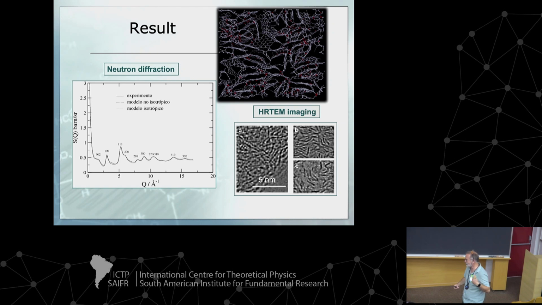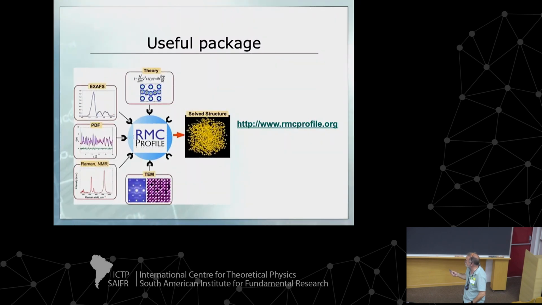You have to implement something in your reverse Monte Carlo system that actually uses absorption information, which is highly non-trivial work to do. But again, from the point of view of comparing with the electron microscopy, the results were rather interesting.